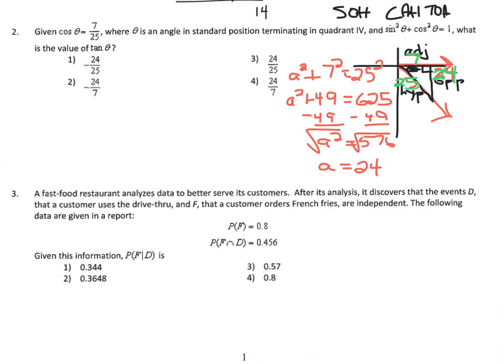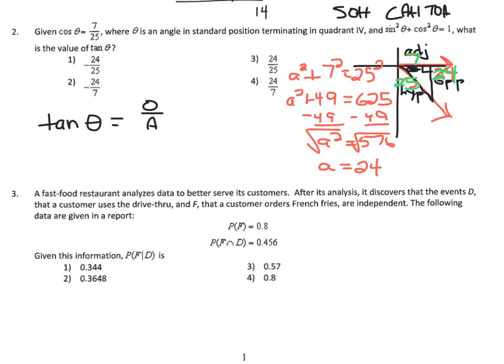And what they want us to do is find tan of theta. So we know that tan of theta is equal to, just look at your formula over here, opposite over adjacent. And also you have to think about whether this is positive or negative.